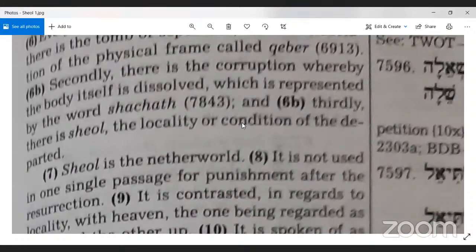Okay. 6b. Secondly, there is the corruption whereby the body itself is dissolved, which is represented by the word shakath, Strong's 7843. And thirdly, there is Sheol, the locality or condition of the departed.